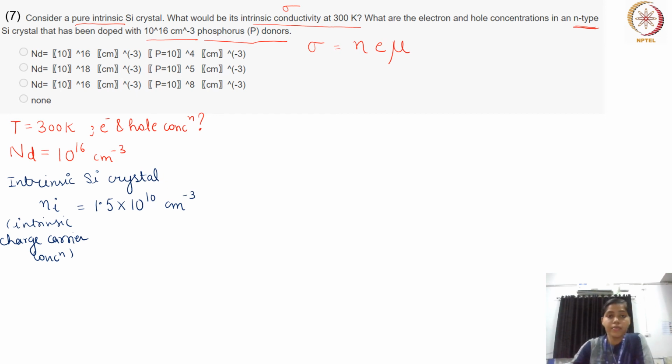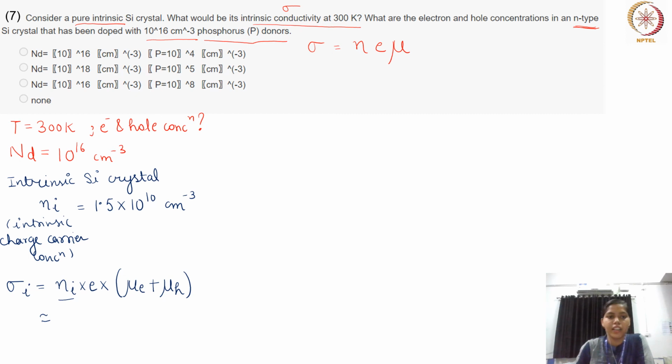Now when we are talking about the intrinsic conductivity, we can write it as sigma I, which will be equal to Ni multiplied by e, and for the mobility we will consider the mobility of both electrons and holes, right?